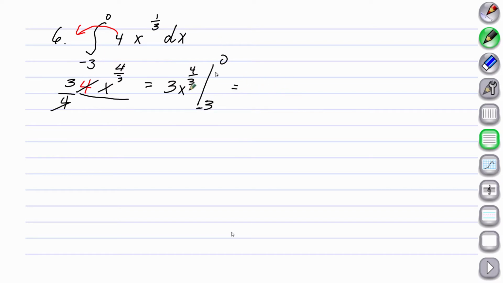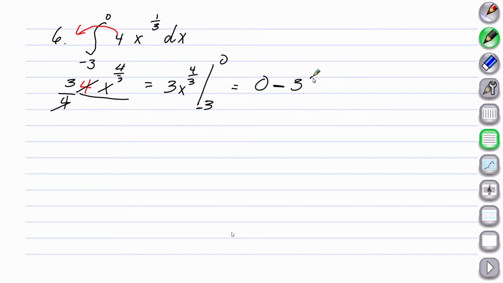So if we put a 0 in here, this is just going to become 0 minus. That's always a nice number to substitute in. So what I did on this one is I wrote it as, okay, I'm going to put in a -3. This should be 3. And then I wrote this as power over index.